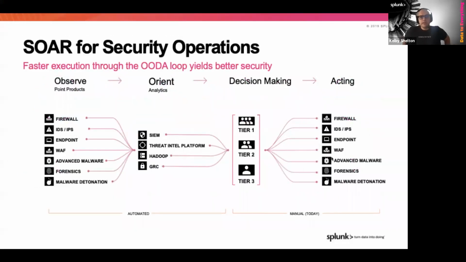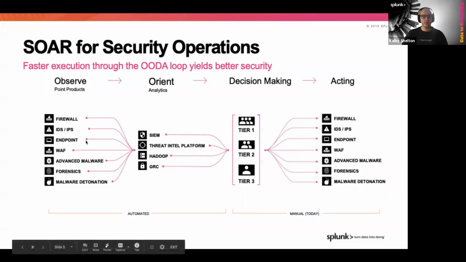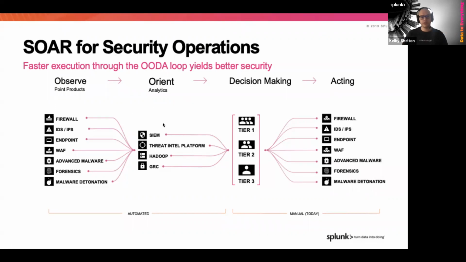So this slide is to help you understand where Phantom fits in. Now, if you've never heard of this, I hadn't before I joined Splunk. The OODA loop originated as a military term, and it describes a process of winning an engagement. So we observe, we orient, we decide, and then we act. And ultimately, as applied to the cybersecurity context, on the left-hand side, we have our point products that I mentioned just a slide ago: IPS, endpoint, web application firewall, etc. In the middle, we have our analytics products.